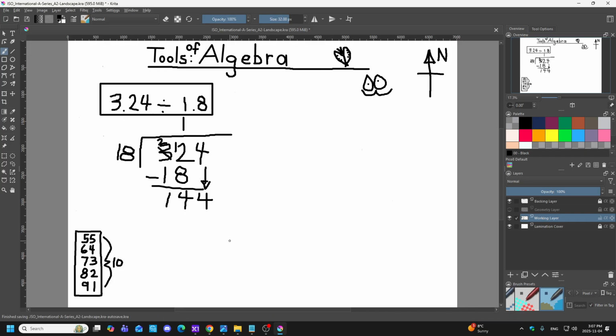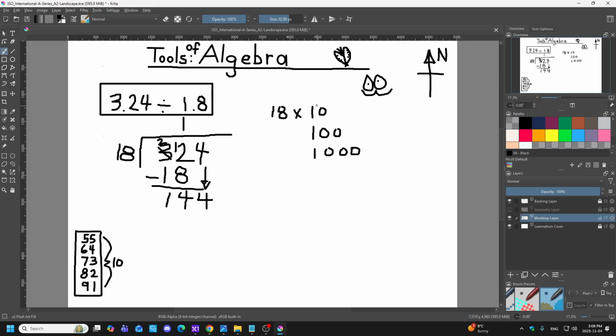Because 144 is greater than 100, the easiest thing to do is ask yourself, what is 18 times 10? Multiplying by 10 or 100 or 1,000 is really easy.